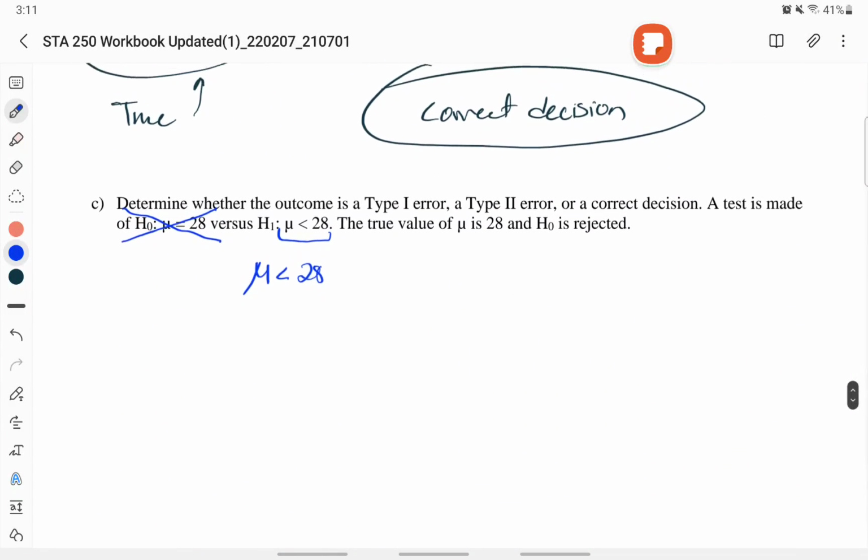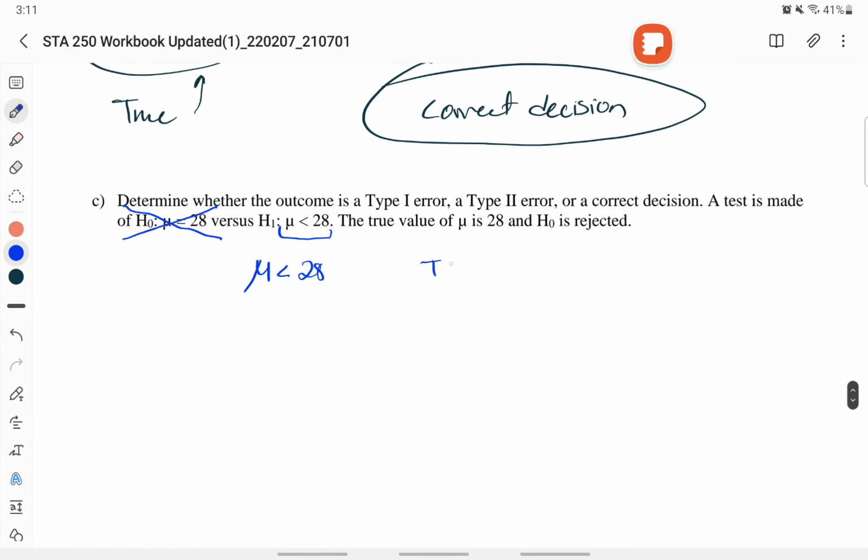Now, in reality, the true value of mu is 28. Wait a minute, look here. If in reality mu is 28, that means that the null was true.